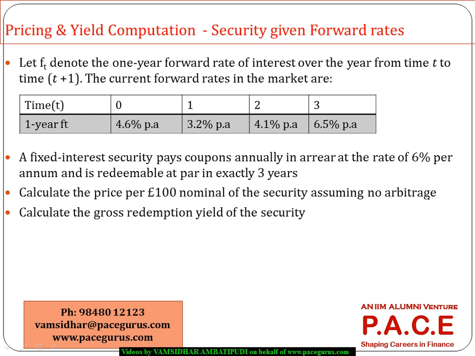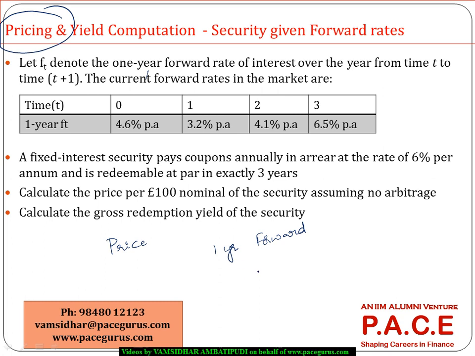Now let's look at how we compute the price of a security, a price of a bond, given the forward rates. Let's say the 1 year forward rate, 1 year from now, 2 years from now, 3 years from now. Given the forward interest rates, how do I compute the price of the security?